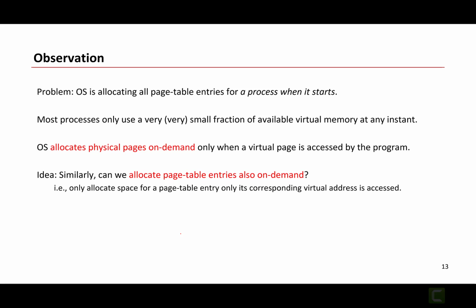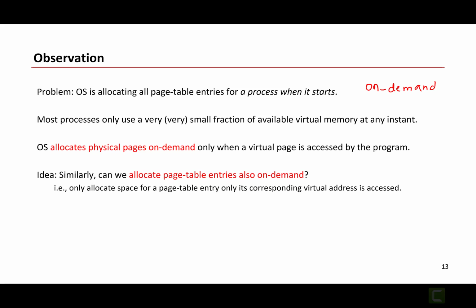How do we do that? Well, let's think about an idea that we have used to reduce the physical space that we need for the virtual memory. The main trick that the operating system uses is, like I said before, on-demand paging.